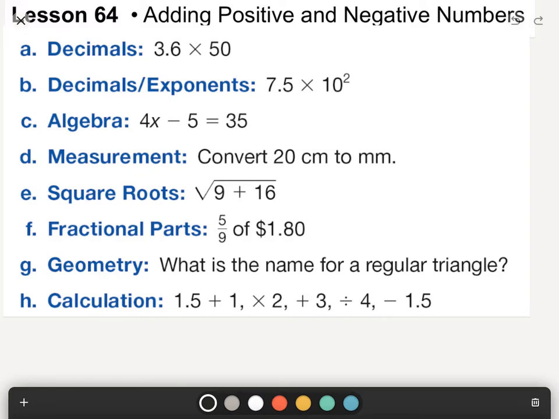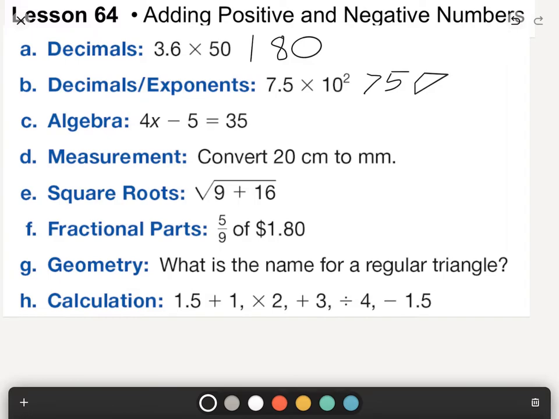I can change this to 1 8/10 times 100. How convenient for C, X in Roman numerals. Then B is just 7 5/10 times 100. 750.